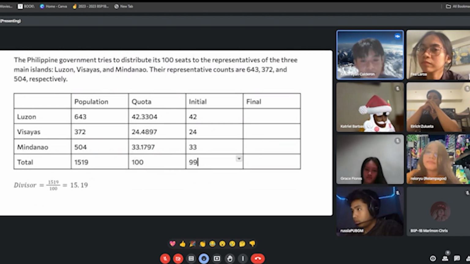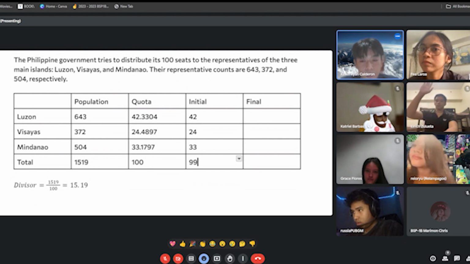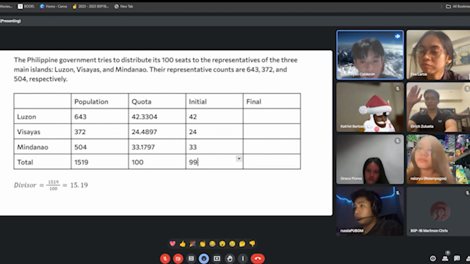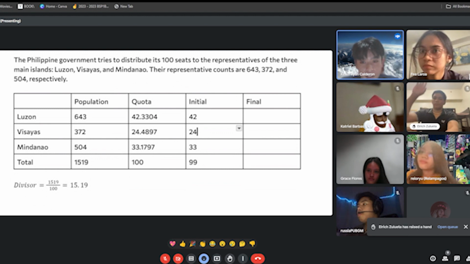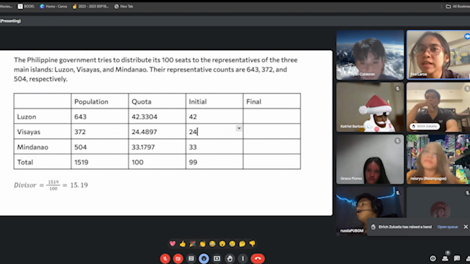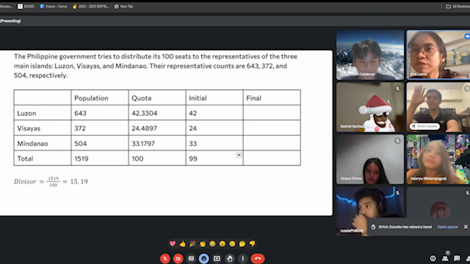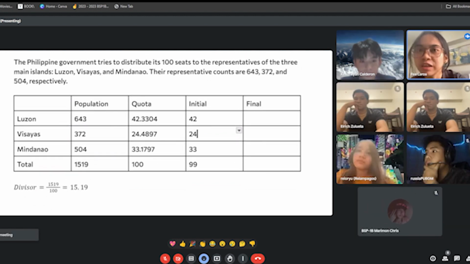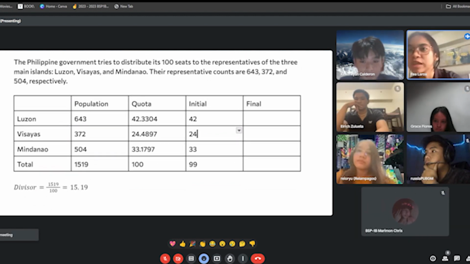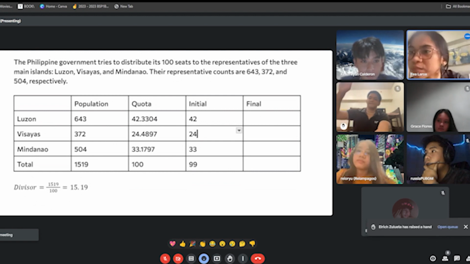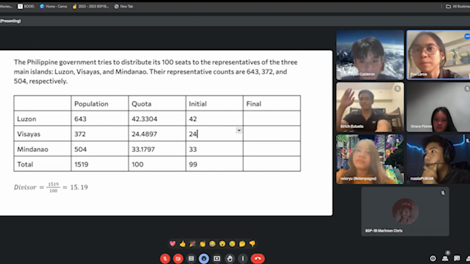There's an extra seat left. So Miss Laroa, can you assist me with what we are going to do if there's an extra seat? So remember, class, when we have to allocate extra seats, we must observe which of the quotas has the largest decimal part. And after observing the data presented by Sir Kevin, which do you think would receive the extra seat? Anyone? Oh, Elrich.